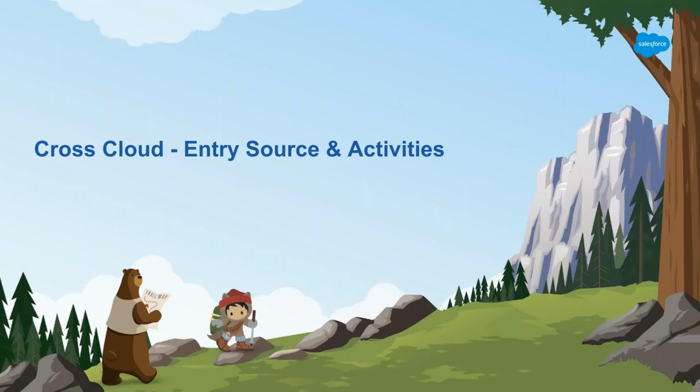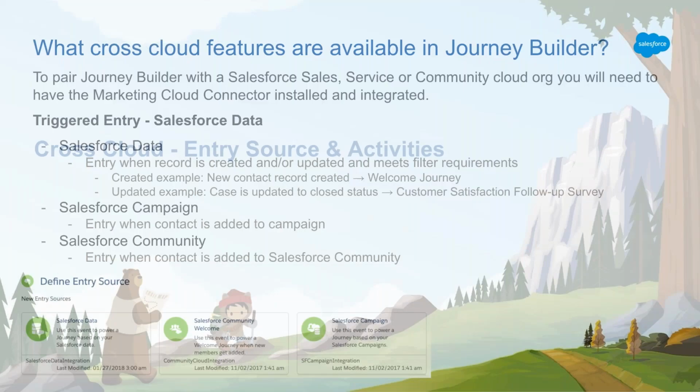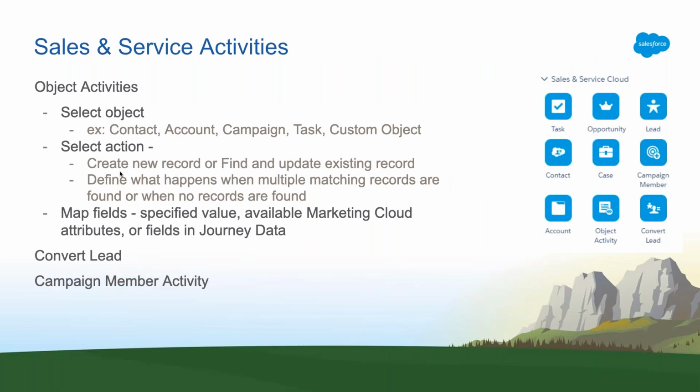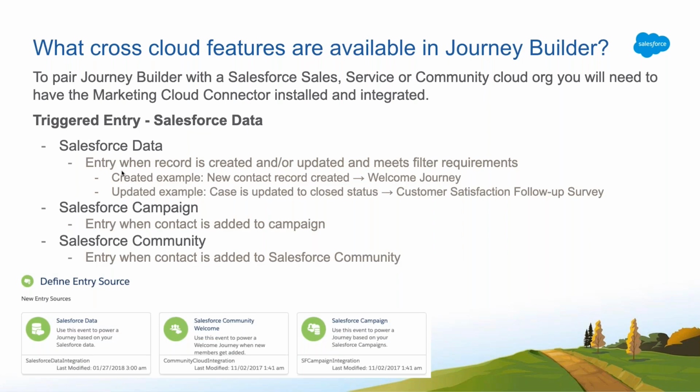But I'm going to hand over to Natalie to kickstart us off with cross-cloud capabilities with entry sources and activities. Great. So cross-cloud features are available in Journey Builder. You must have the Marketing Cloud connector installed and integrated. We unfortunately don't have time to go through all of the features enabled by the Marketing Cloud connector in today's session, so we're going to focus on the ones that impact Journey Builder, specifically triggered journey entry and Salesforce activities within the Journey Builder UI.